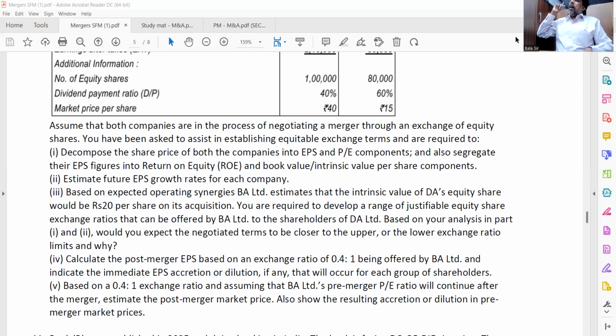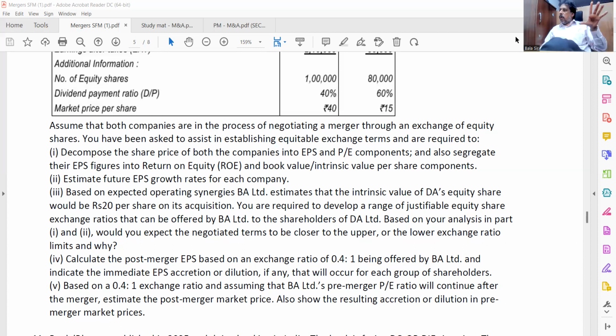Remember, your growth rate formula is nothing but your retention ratio into return on equity. We apply the return on equity on 0.6 because the profit retained by the company is nothing but equity funds. It is a part of net worth, equity. So apply the return on equity because that is the return your company is earning on equity funds, 17.5%.